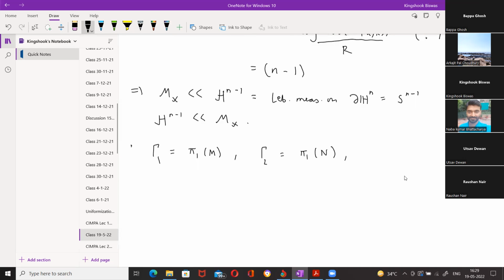And so for this I have mu 1, a Patterson-Sullivan measure, and for this I have mu 2, another Patterson-Sullivan measure. So these are both my conformal measures. So here's a key fact.